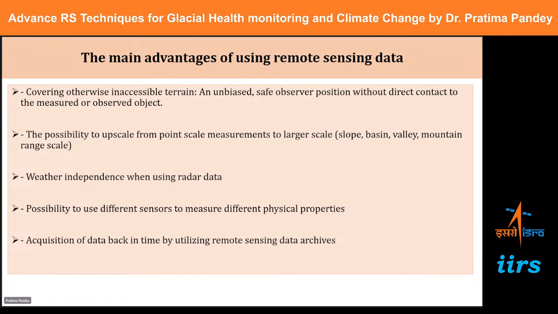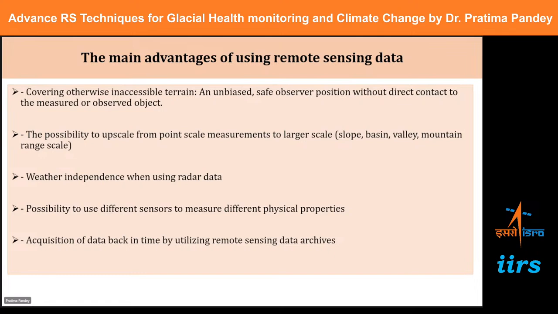It also lets you choose the scale you want to study, whether a single glacier, the whole basin, or a regional scale. If you are using radar data, it gives you access throughout the year, irrespective of cloud coverage, to information regarding the glacier surfaces.